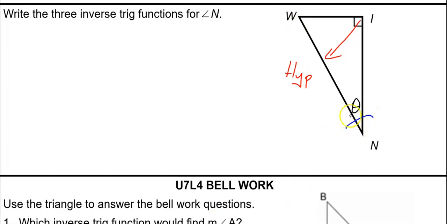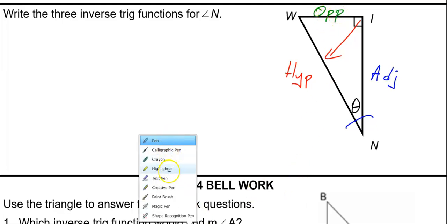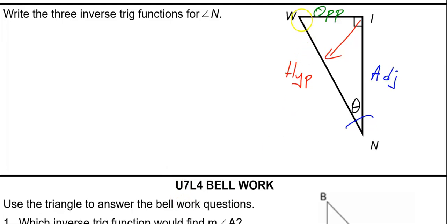This arc always hits hypotenuse and adjacent. And then the leftover side is opposite. So if we were to highlight my sides, here's hypotenuse, here's adjacent, there's opposite.